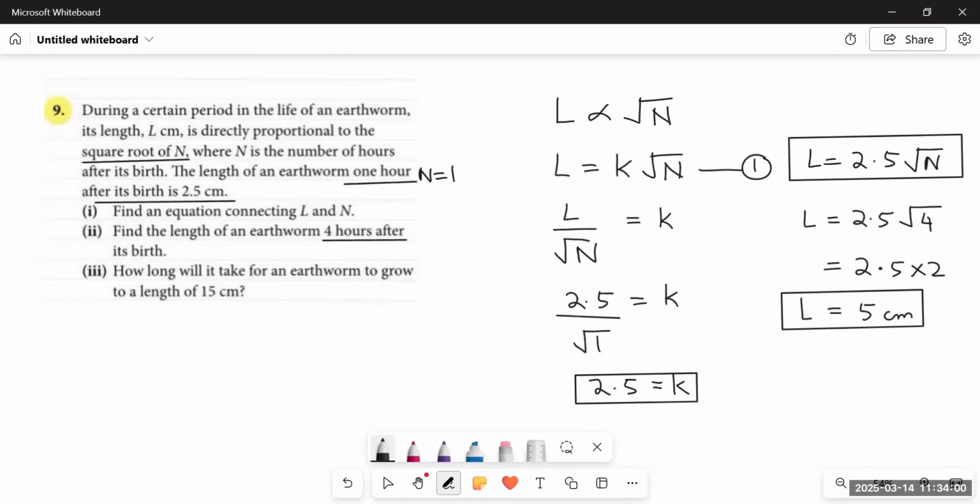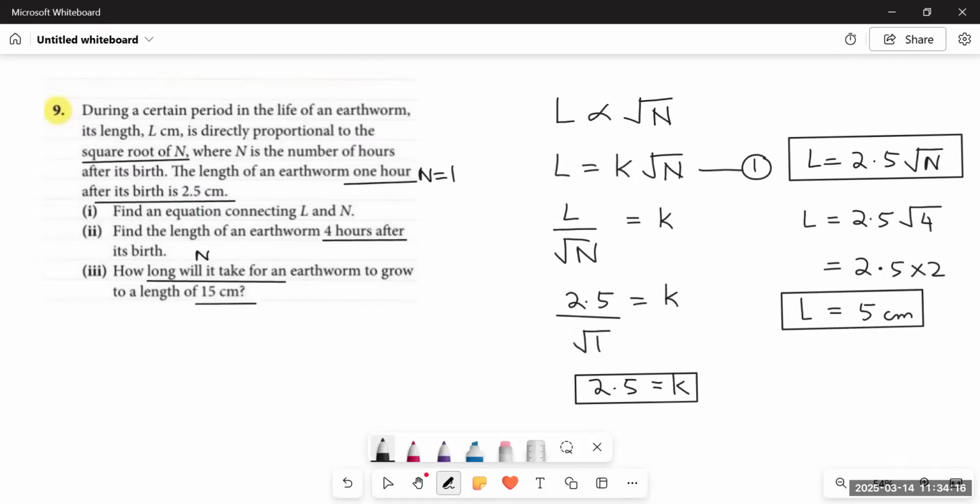Then they are saying how long will it take? That is, now we have to calculate the time. How many hours will it take for an earthworm to grow, it means we have to calculate N now, if its length is 15 centimeters.